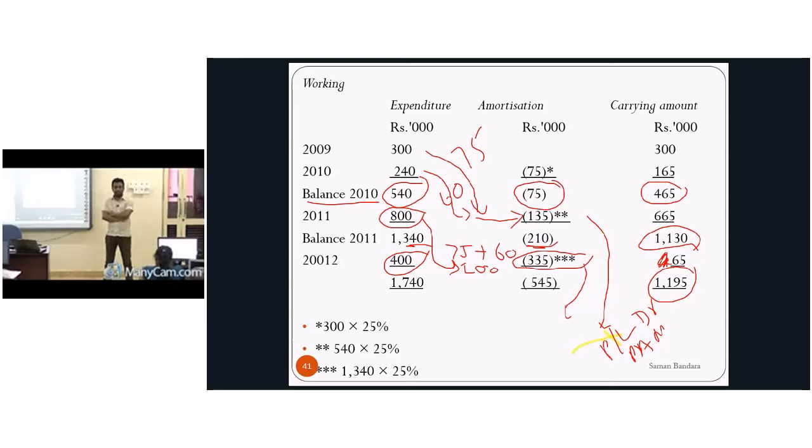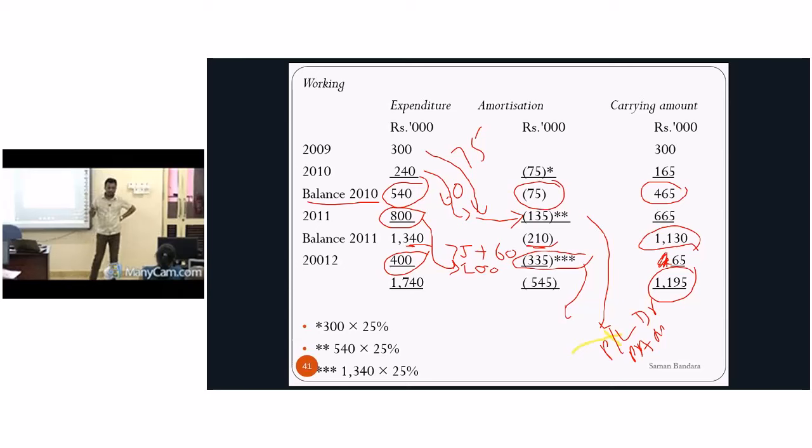And you have to say retrospective application should be used. Accordingly, the most recent possible year should be 30th September 2010. The total impact for 2009 and 10 should be adjusted to retained profit brought forward as at 30th September 2010. That total impact, if you need, you can say, is 465.